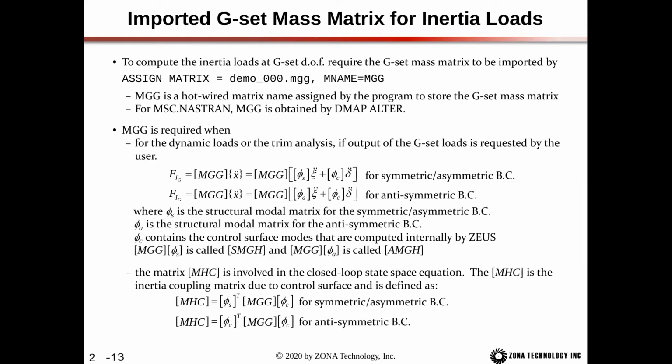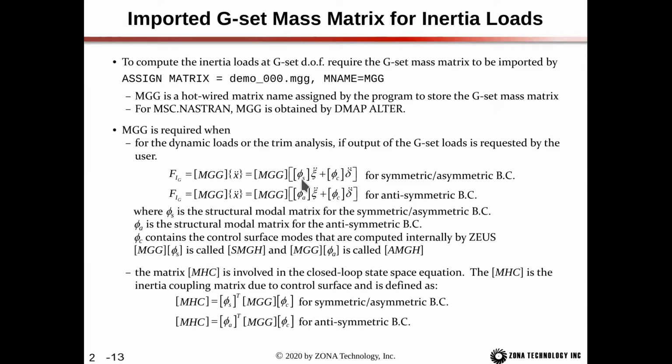Now the MGG is required for these two scenarios. The first one is for dynamic loads or the trim analysis, if the output of the GSET loads is requested by the user. Our inertial loads are MGG times X double dot, which is MGG times phi S times C double dot plus phi C times delta dot.